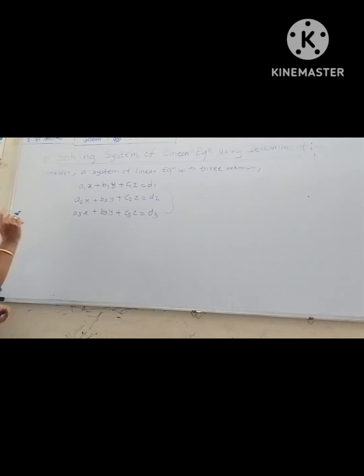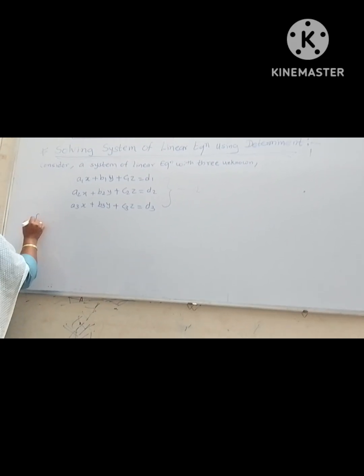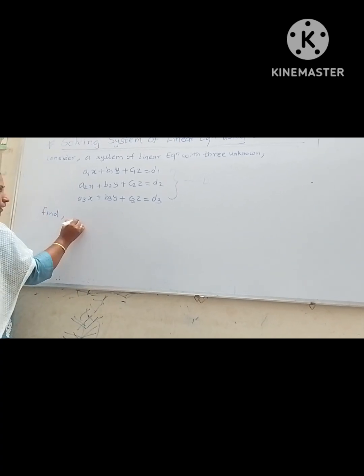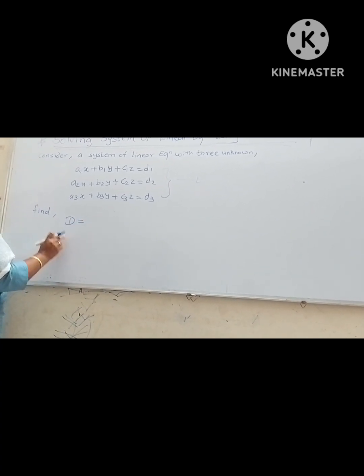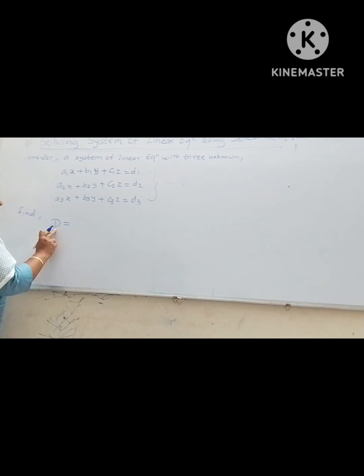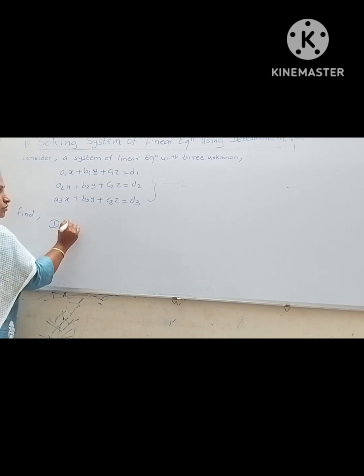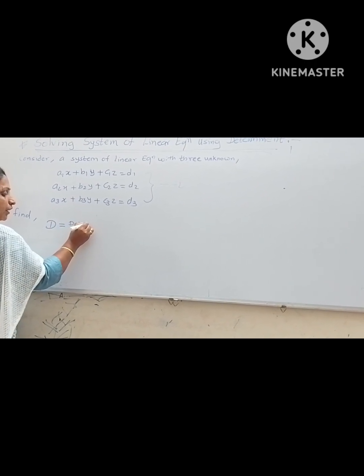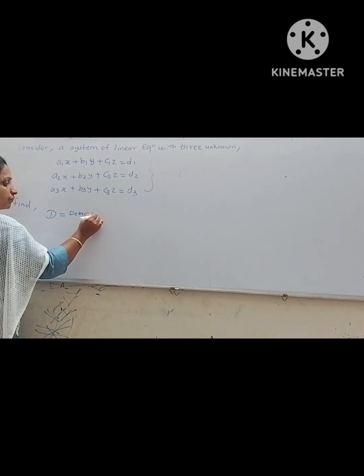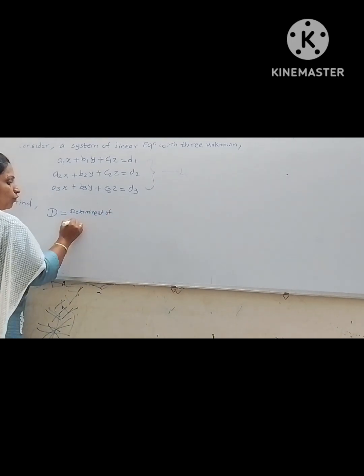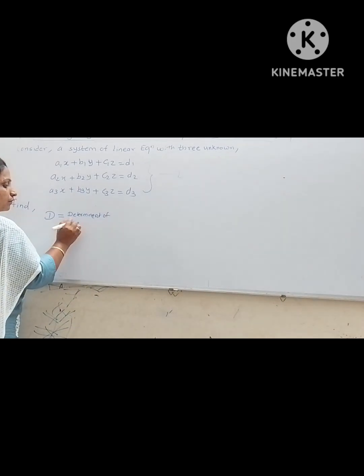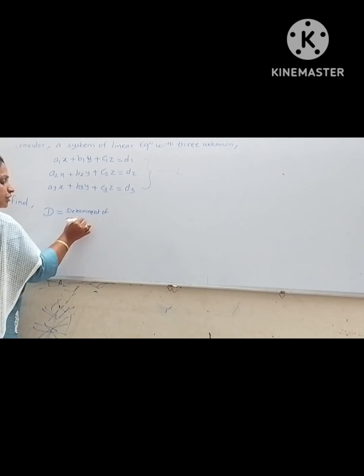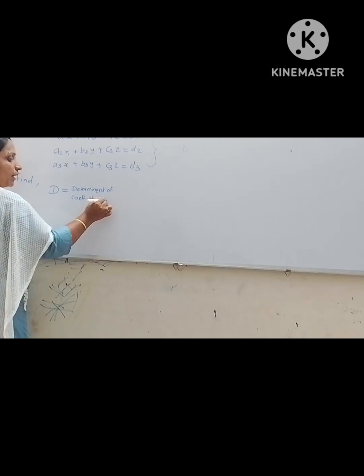First step, find determinant D. This determinant D is obtained from the coefficients of the unknowns x, y, z.